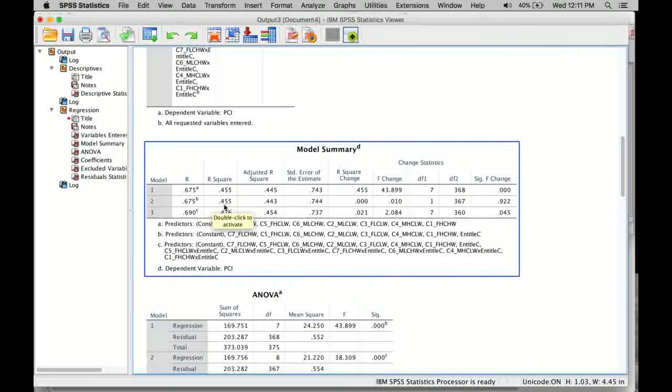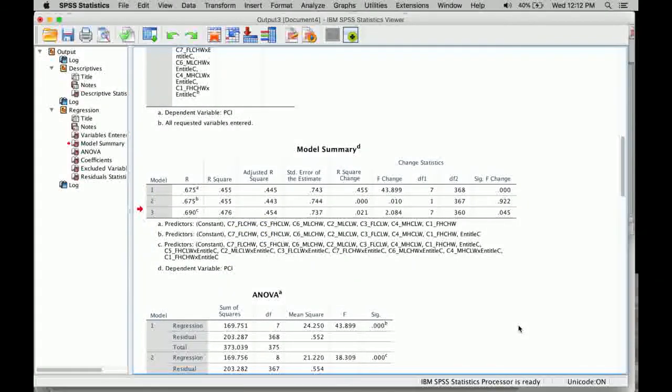So there's no change in the explained R-squared. The third line, this is significant, and you can see that R-squared went up here, that there was a significant increase in the explained variance for PCI scores because of adding the interaction terms in block 3.